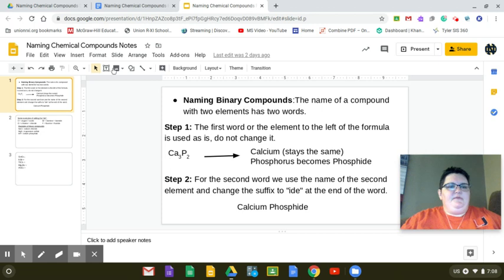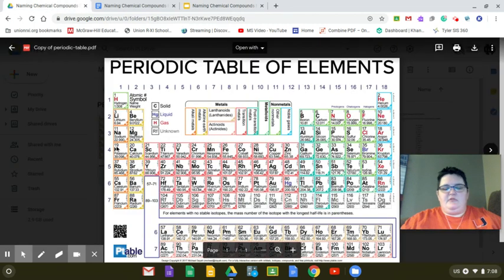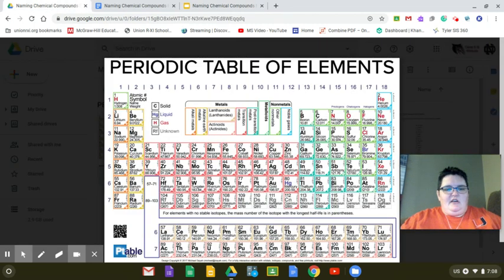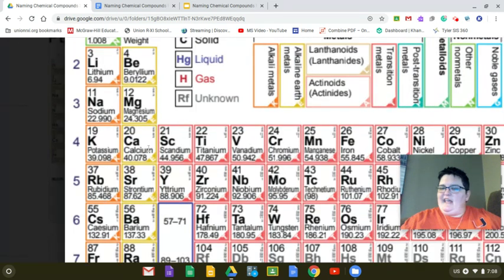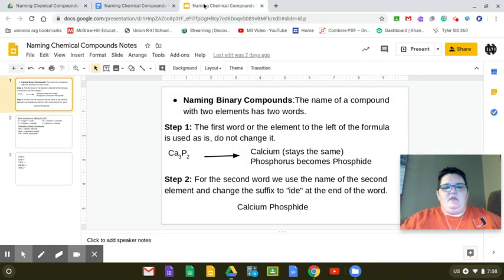So Ca. We look on our periodic table in case we don't remember what Ca is, and Ca is calcium. So calcium is going to stay the same. The name of our new compound is going to be calcium something.